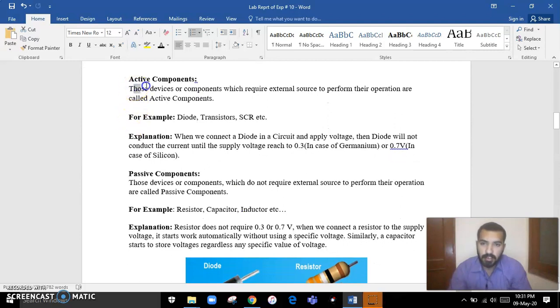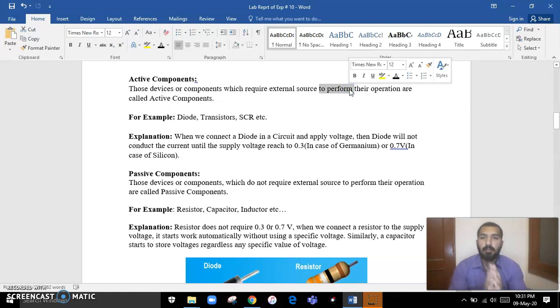Those devices or components which require an external source to perform their operation are called active components. We have different components. Some components require some kind of external signal or external source, and then they perform their operation. For this scenario, we have a best example of a mobile phone.